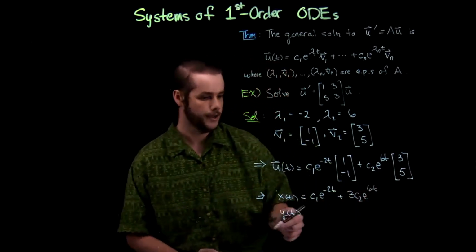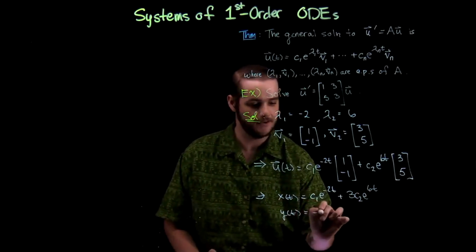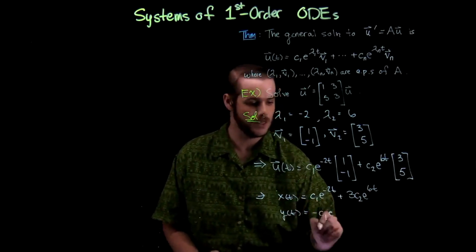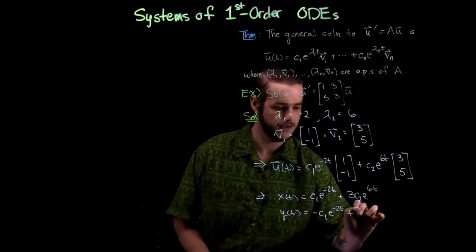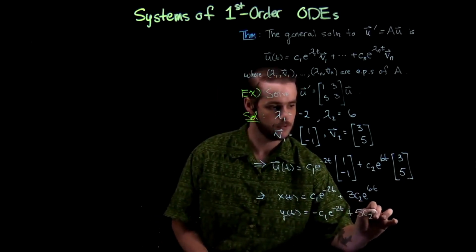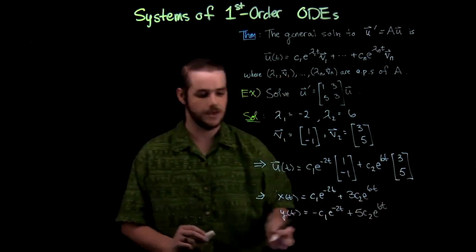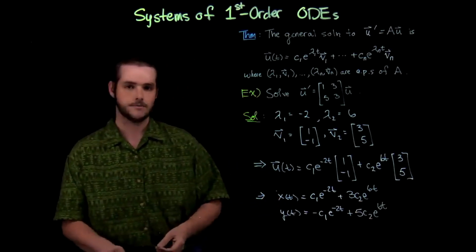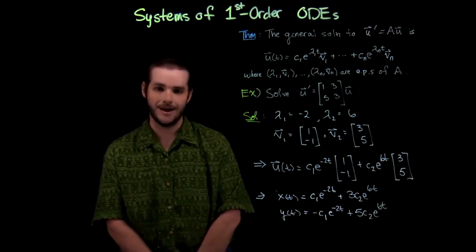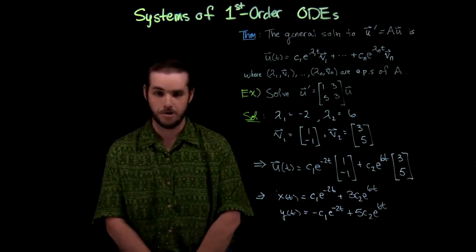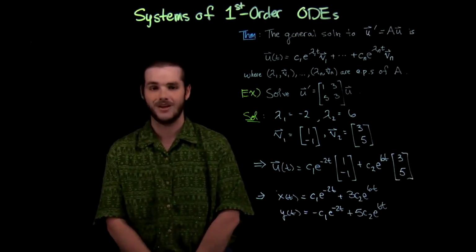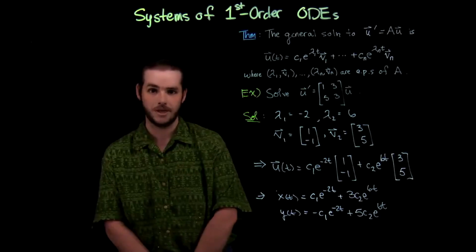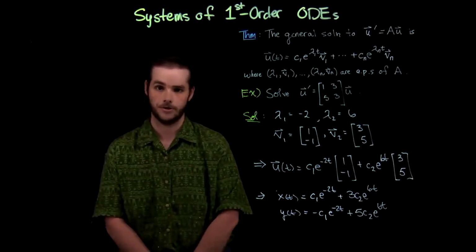And for y, I get negative c1 e to the negative 2t plus 5 c2 e to the 6t. In this way, I don't actually have 4 unique parameters to this system. I only have 2 unique parameters. And we'd expect this because I have 1 unique parameter for each first-order equation.